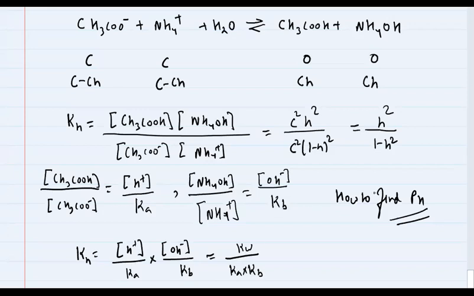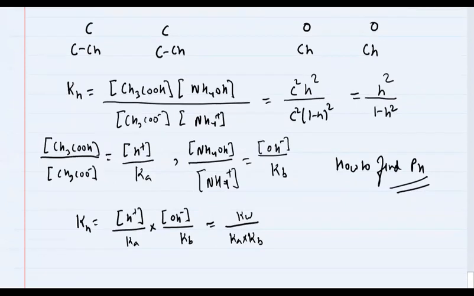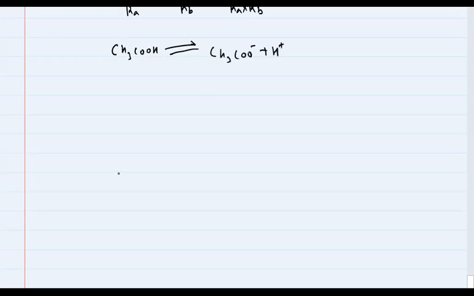Now my next question was how to find pH. Obviously I cannot find pH from here. How to do that? Just think about it. We know that we have an acid over here, which is CH3COOH. Now this will give CH3COO- plus H+, right everyone? Yes or no?